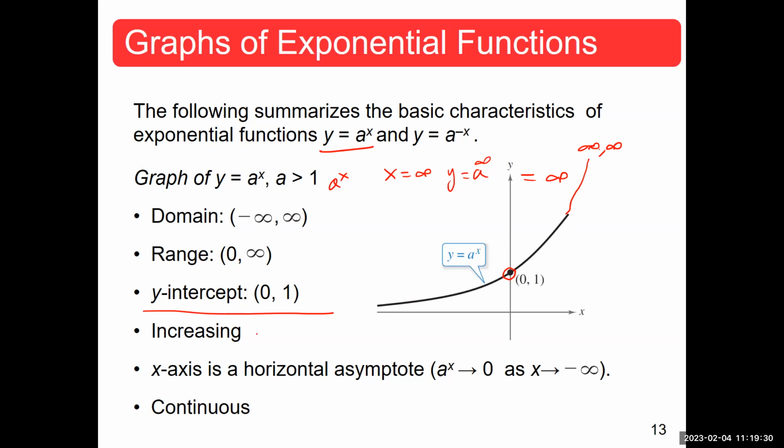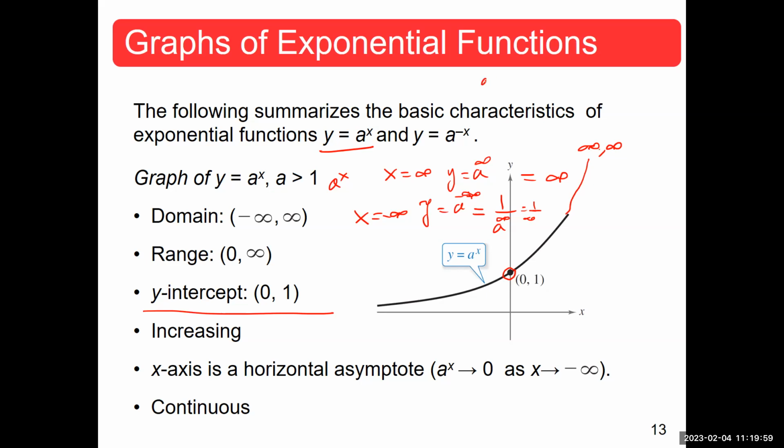Now, if I am at the negative infinity of x, so if x equals negative infinity, what's y equal to? It's equal to a to the negative infinity. Well, otherwise, we move it down: we have 1 over a to the power infinity. You get 1 over infinity. How much is that?